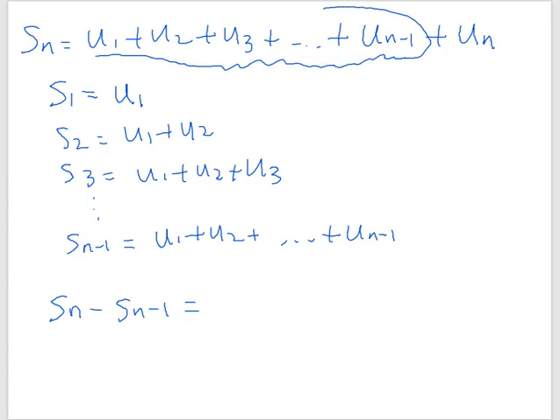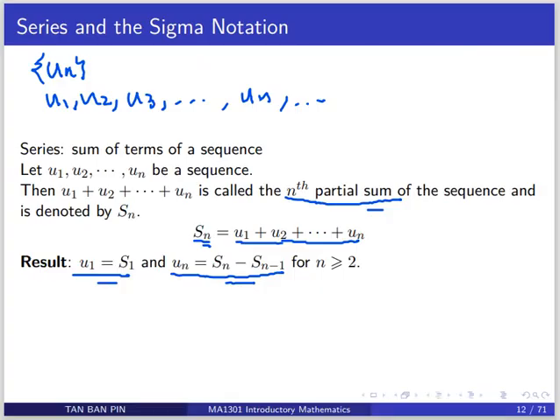So this part is actually Sn minus 1. So if you subtract Sn minus 1 from Sn, basically you cancel all this, so you are left with just the term Un. So that's how we get Un is Sn minus Sn minus 1.